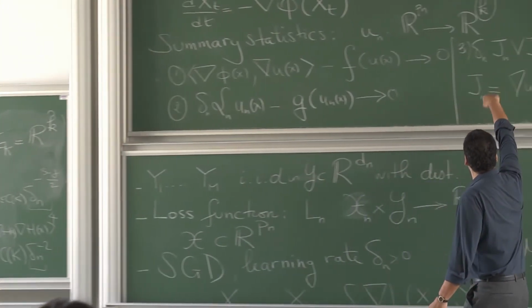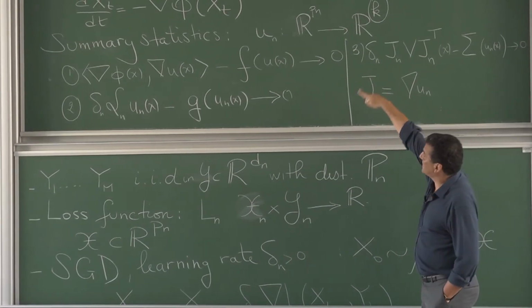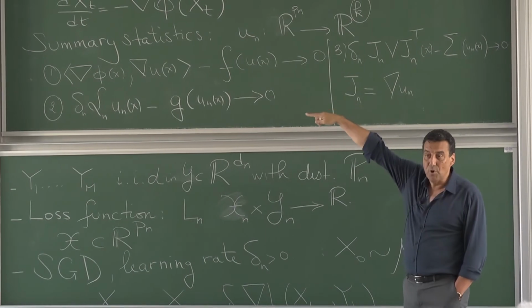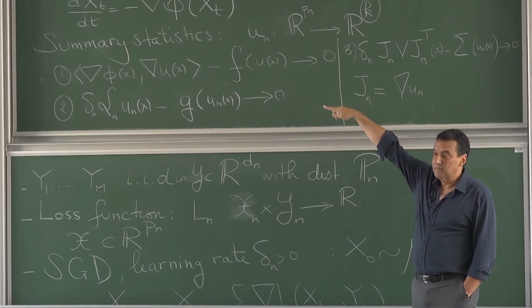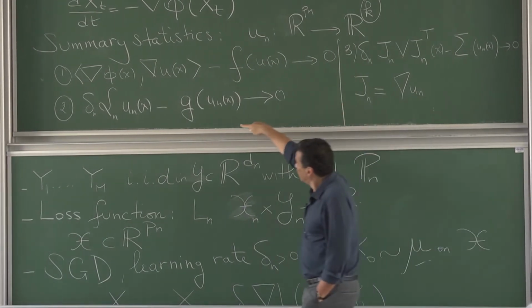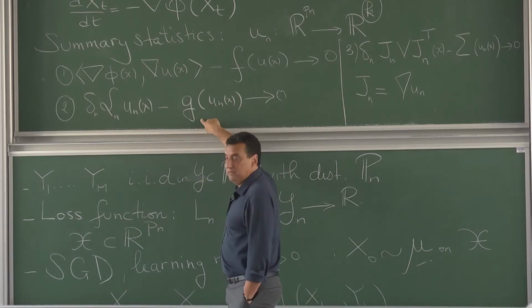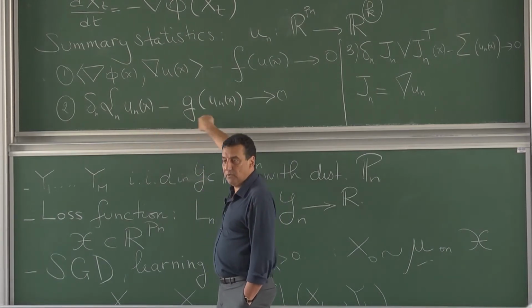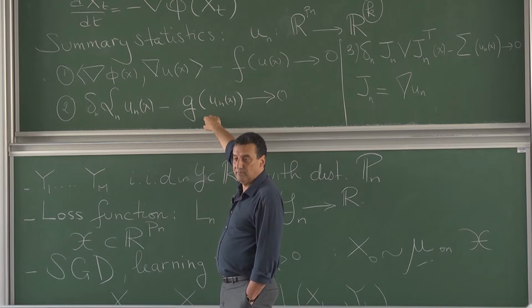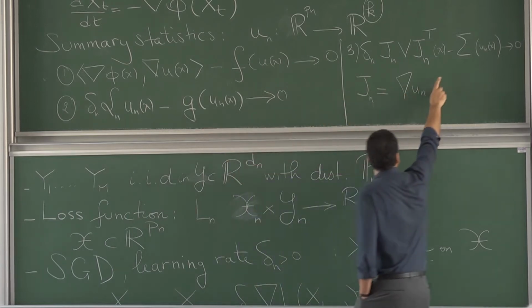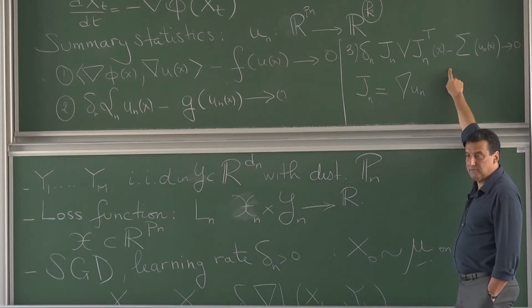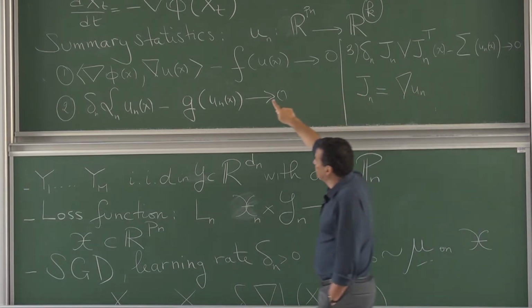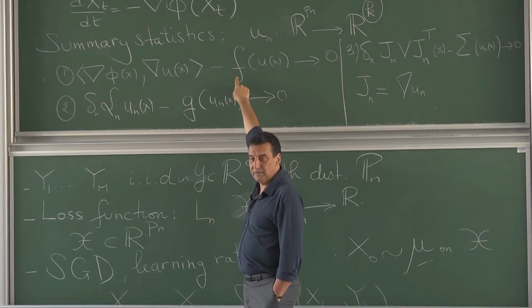Now, something else. If you look at these guys, if you have this limit, and now take a smaller delta n, then if this one converges to G, if you take a smaller delta n, it will converge to 0. Right? And same thing here. But not here. There's no delta n here.